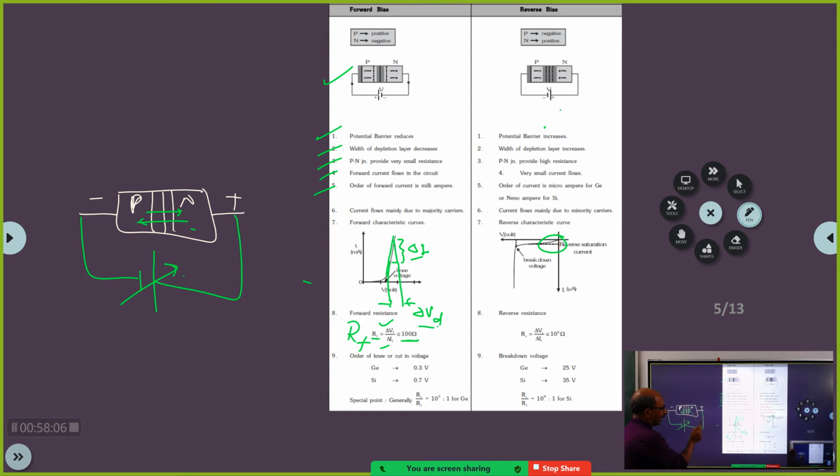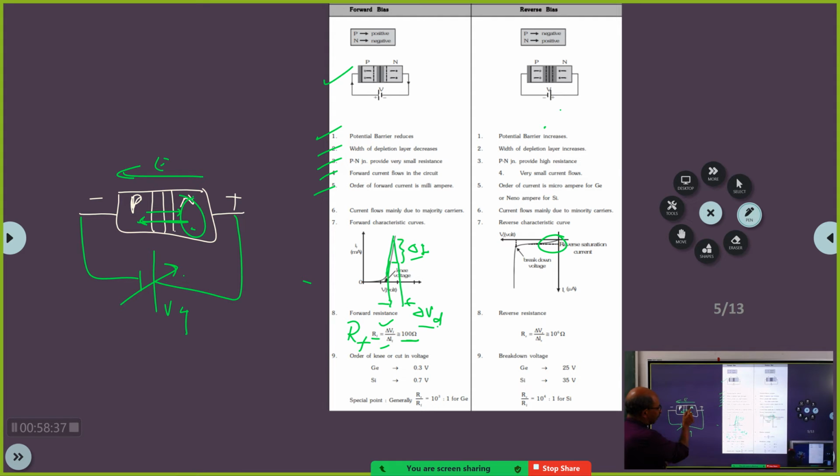Initially, the minority charge crossover diffusion current is controlled by this voltage, the external electric field. But as you increase this voltage, because the minority charge concentration is very, very less, most of the minority charges are already moving.